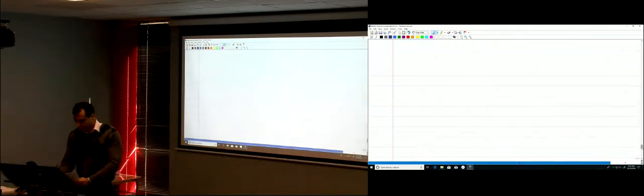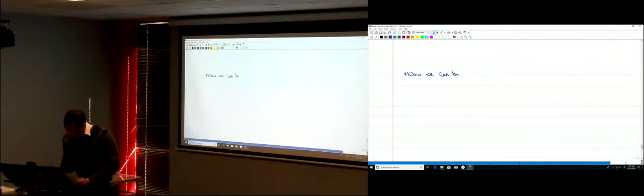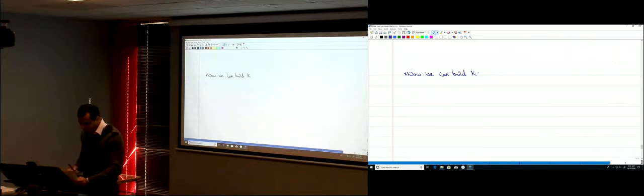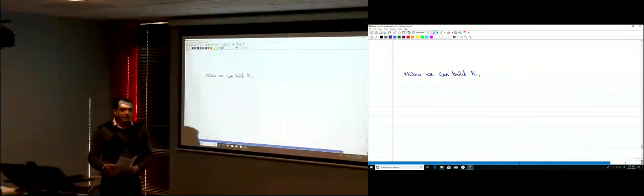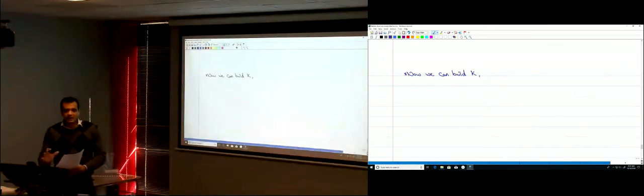So now we can build K, let's name it K capital, the overall stiffness matrix. Once you build it, it would be very nice to rearrange it, okay?